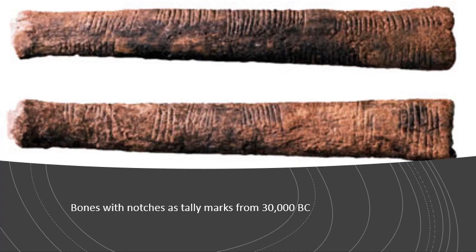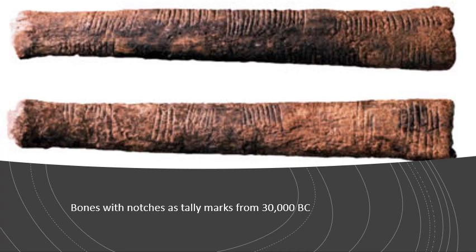As you see, there are grooves, there are lines here. Historians, paleontologists and anthropologists think of these as tally marks, although what the ancient people were counting, they're still debating on it.